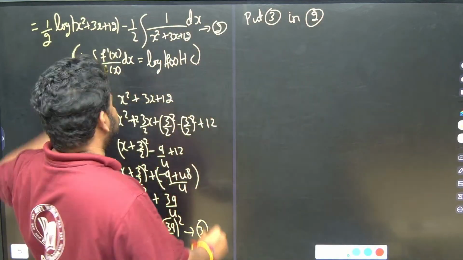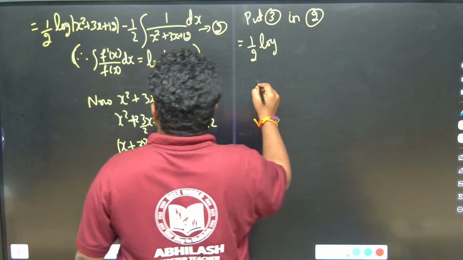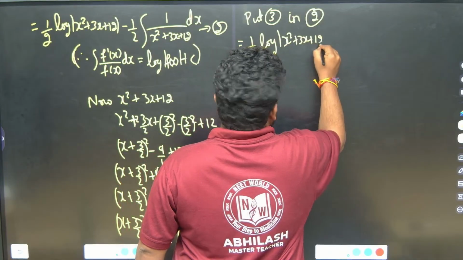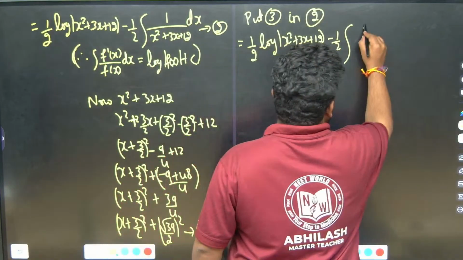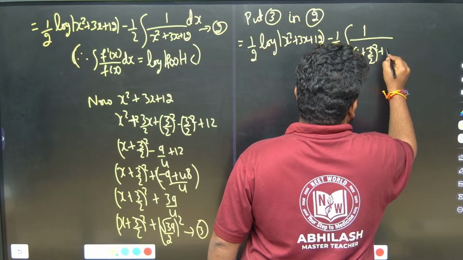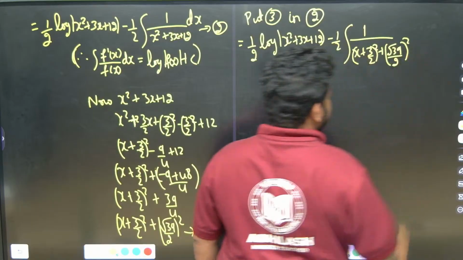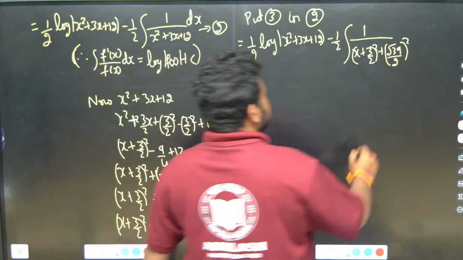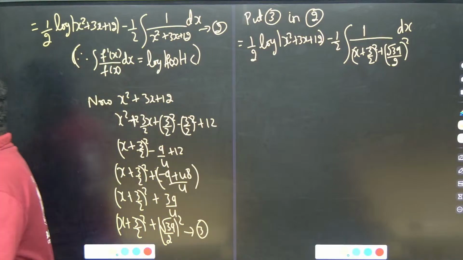What we will get is 1 by 2 times log of x square plus 3x plus 12, minus 1 by 2 integral of 1 by x plus 3 by 2 whole square plus root 39 by 2 whole square dx. This should be dx, correct?